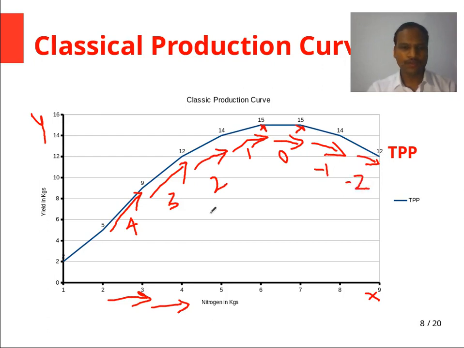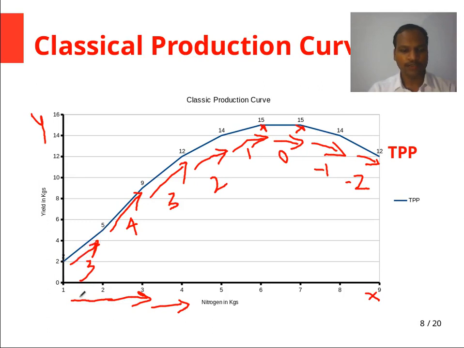From this we see that in the initial stages, from here to here, we can say 3 units of paddy increases. The proportionate change means nothing but, when we change 1 unit here, how many units change occurs there for the other variable.